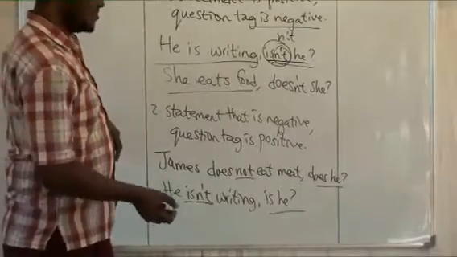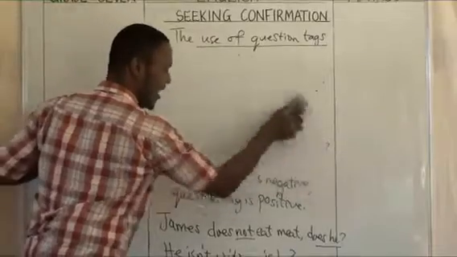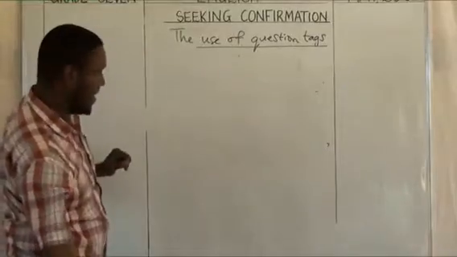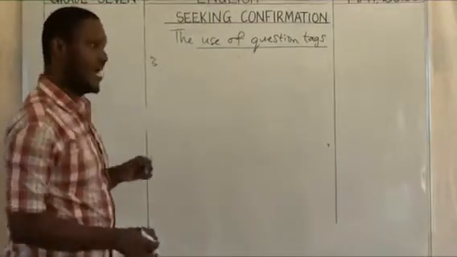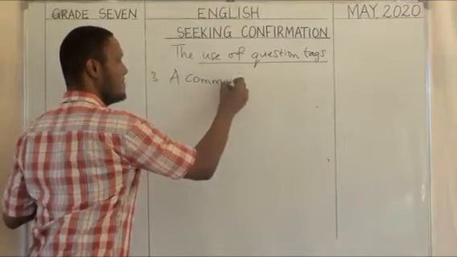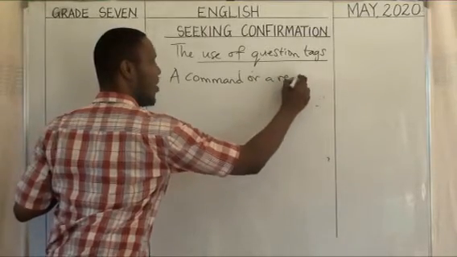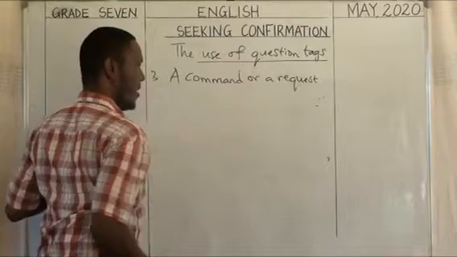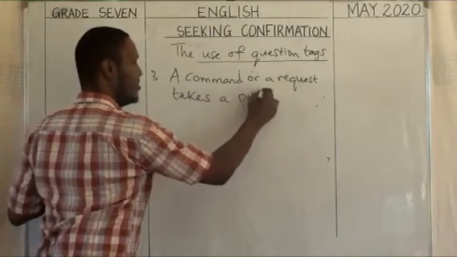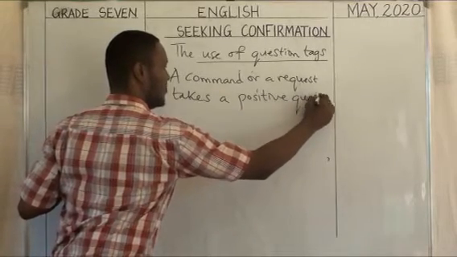And the third one, that we are going to look at very quickly because this is just an introduction, is that a statement that is a command or a request takes a positive question tag.